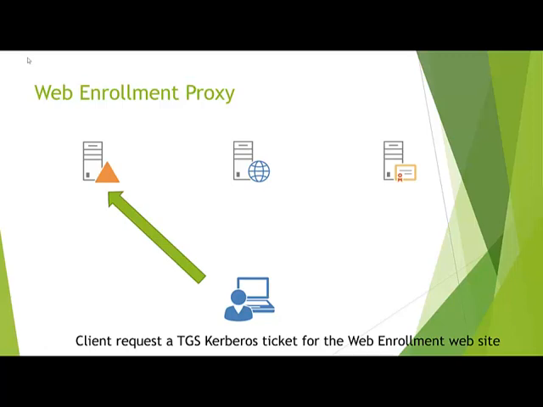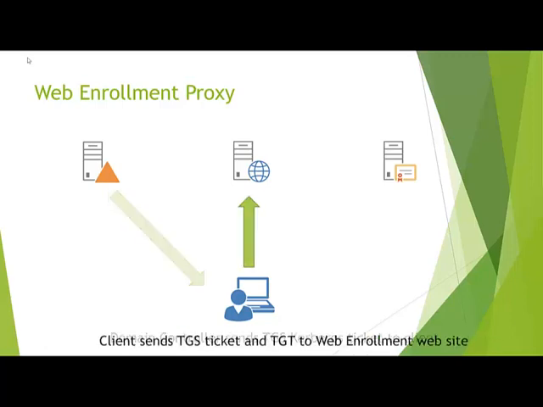The one thing that I'll definitely clean up for my web enrollment video is I'm not 100% sure, now that I think about it, whether this is actually the user getting a forwardable TGT and passing it on to the web server, or if the web server is just authenticating against the AD and getting a TGT that it can use forwardable. So anyways, regardless, the client's going to authenticate to the website.